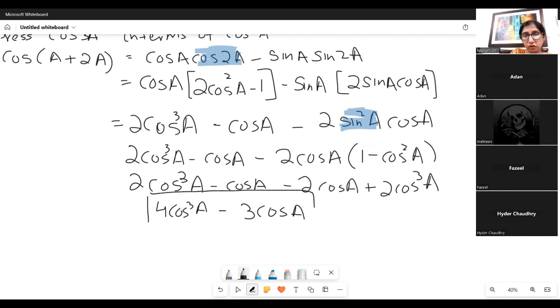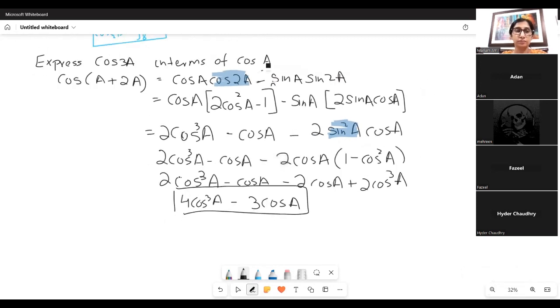So we've managed to change cos 3A in the form of cos A.